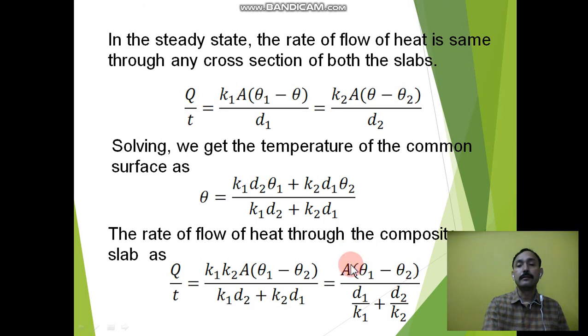Now dividing the numerator and denominator by K1 K2, we get Q by T equal to A (θ1 minus θ2) by (d1 by K1 plus d2 by K2). Dividing by K1 K2, the term becomes d2 by K2 and d1 by K1; we are just changing the position, d1 by K1 plus d2 by K2.